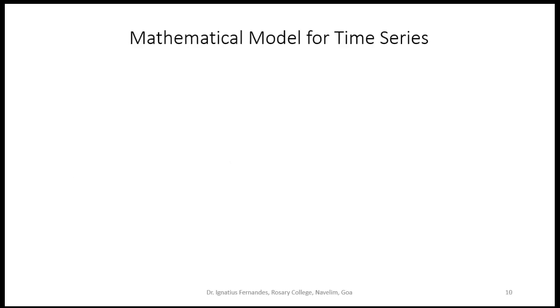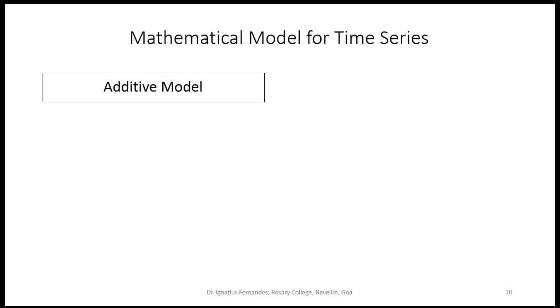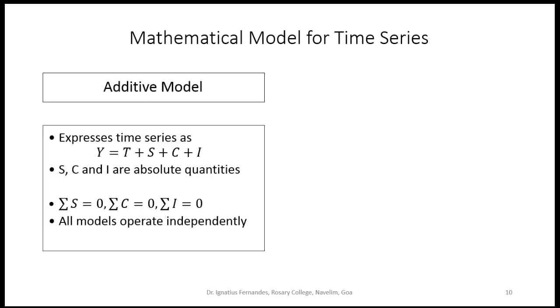Now, what are the different mathematical models that are used for time series? One is called the additive model, which tries to express the time series as the sum of all the components.